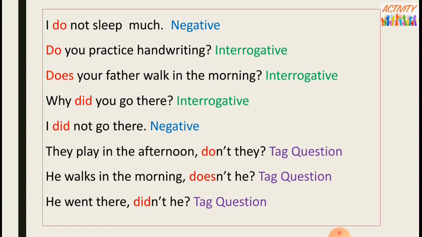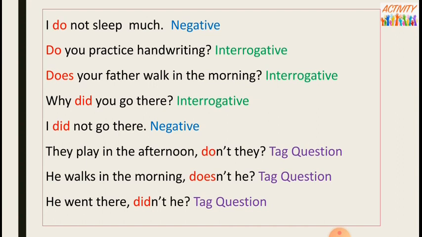So dear students, you can observe that we have used do, does and did in these sentences. If you look at the sentences carefully, one by one, the first sentence is a negative sentence: I do not sleep much.